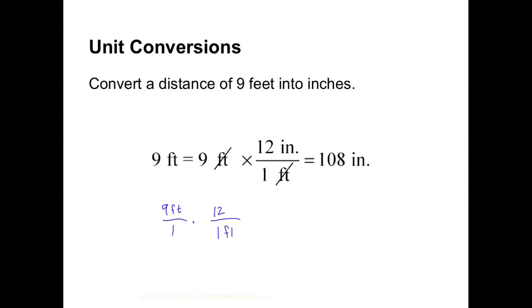So 1 foot per 12 inches. So I want inches in the numerator. Then we can see my feet cancel. Just multiply out 9 times 12. And we're just left with units of inches. So I end up with 9 times 12 is 108, and my units work out the way I want them to, inches.